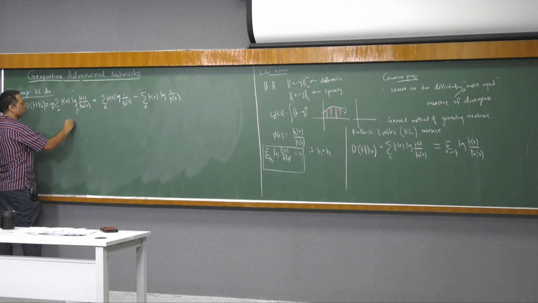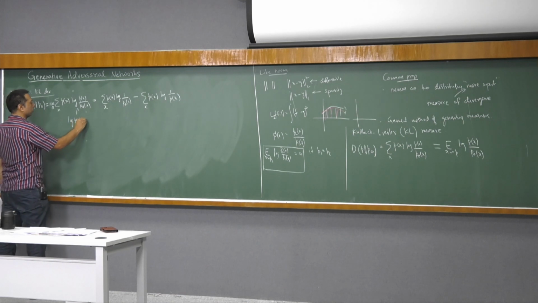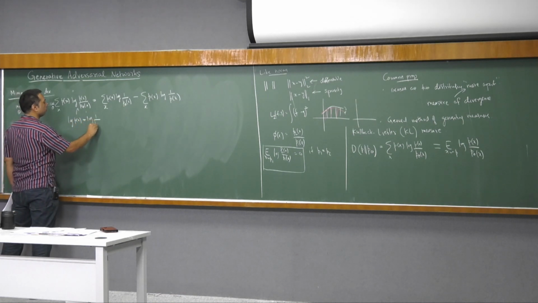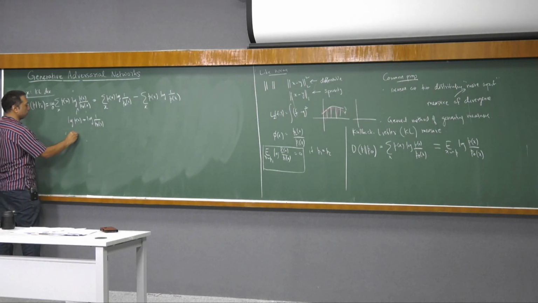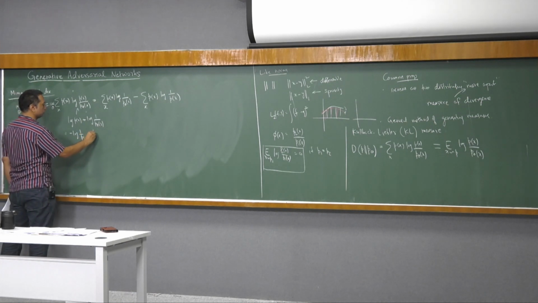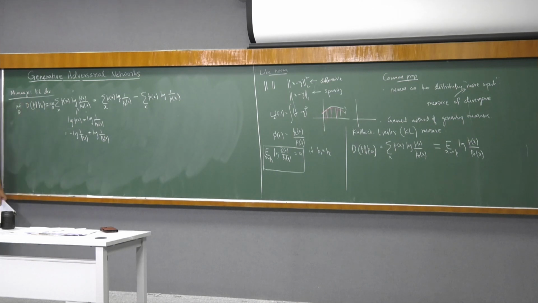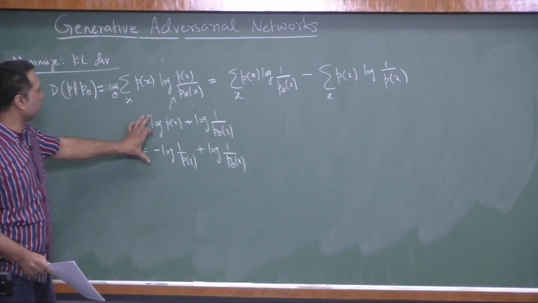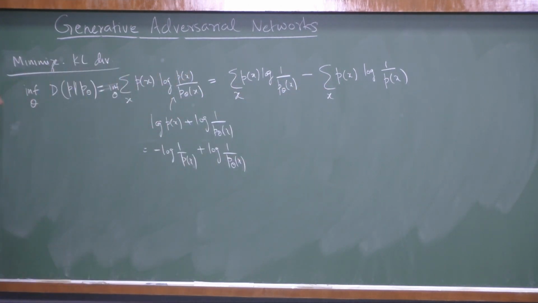I can write log of p(x) by p theta(x) as log 1 by p theta(x) minus log 1 by p(x), and p(x) applies on both terms. Is this derivation clear? Only the log splits like that, and p(x) applies on both, so that's fine. This is the trick we did.